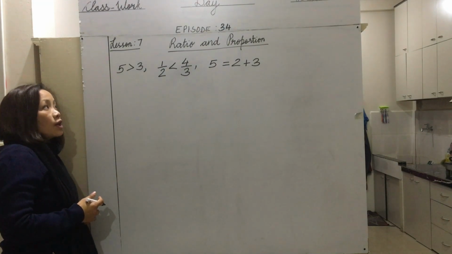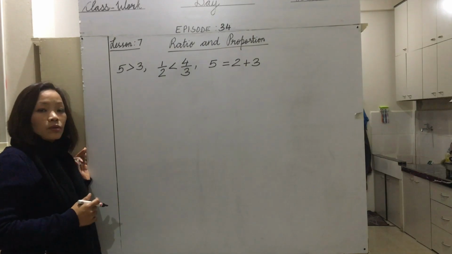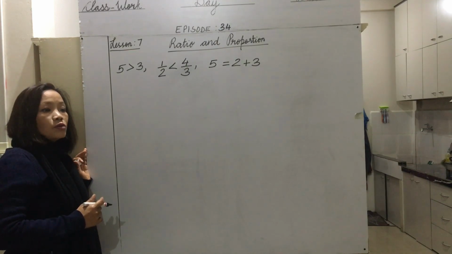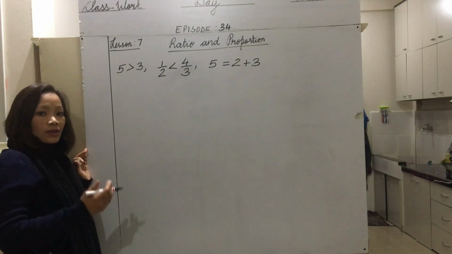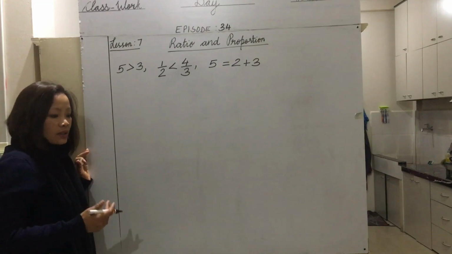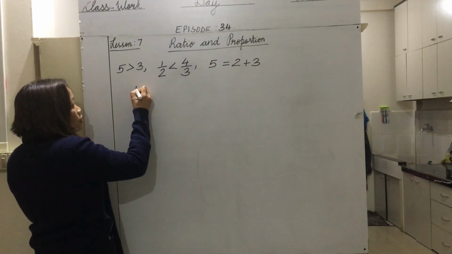So when we say ratio, ratio is also used for comparing quantities, right? But ratios are used to compare the same kind of quantities with the same units. The symbol we use for ratio is 2 dots.